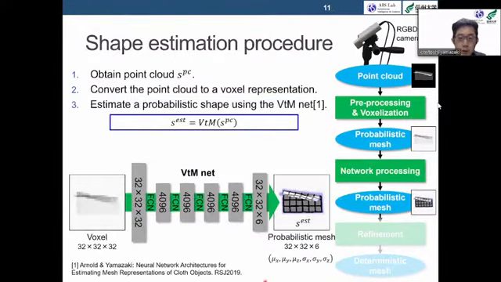Then, we estimate the cloth shape probabilistically using the voxel to mesh network. We call this the V2M for short. The input of the V2M is the voxel representation, and its output is a probabilistic cloth mesh. The probabilistic mesh format describes vertex positions as 3D multivariate normal distributions.